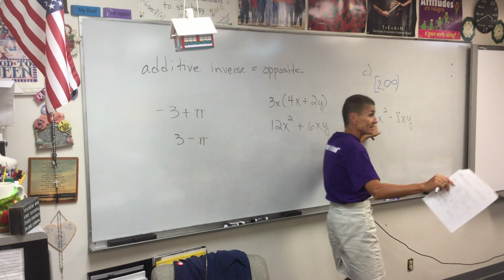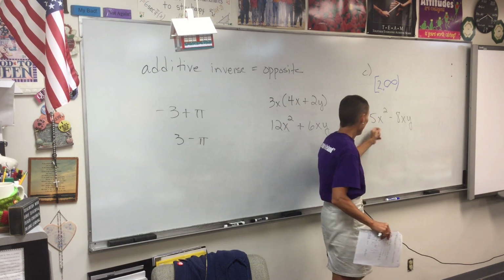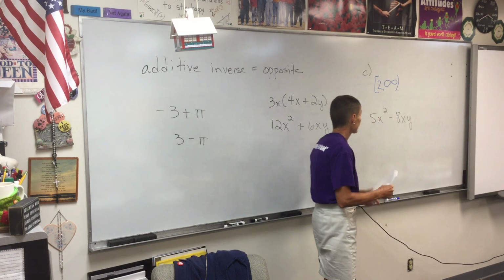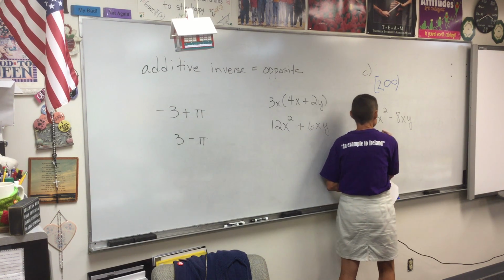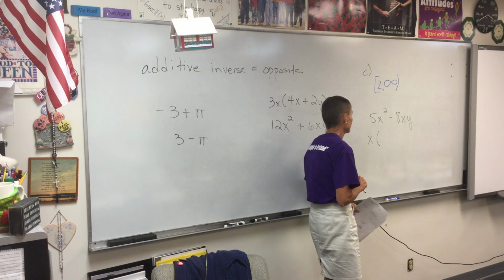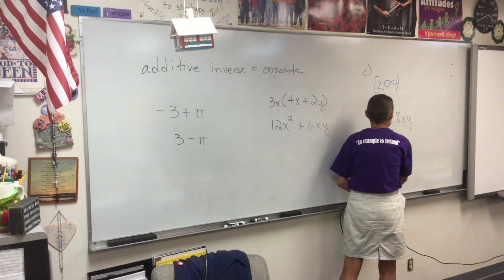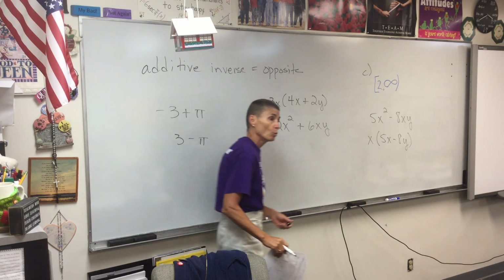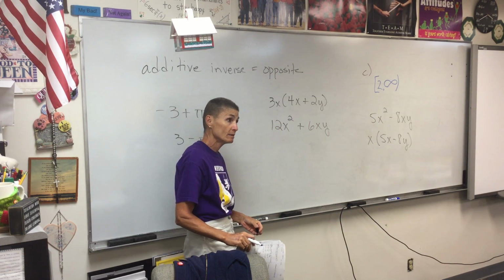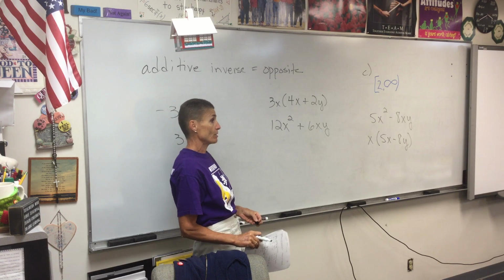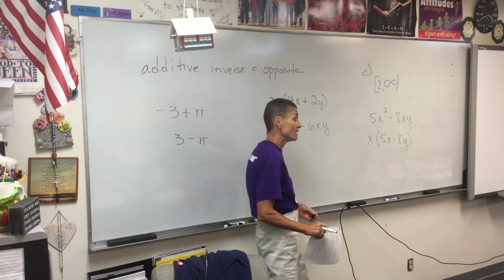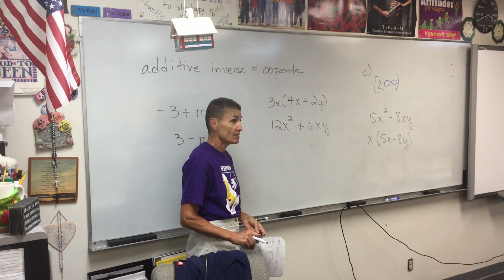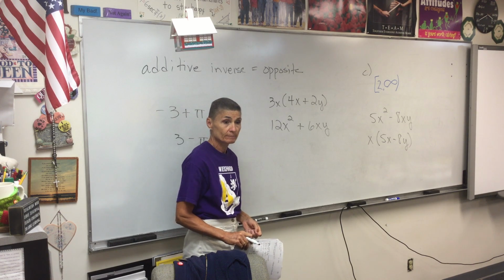Somebody said GCF. Yeah. What can I take out of here? The only thing you can take out is an x, and what will you have left? 5x minus 8y. You guys are really sharp. Good job. We call that factoring. And factoring is the same as the distributive property. It just goes the other direction.